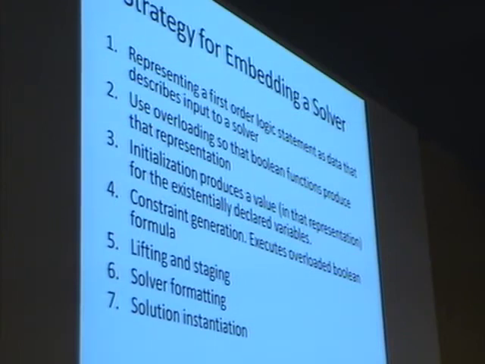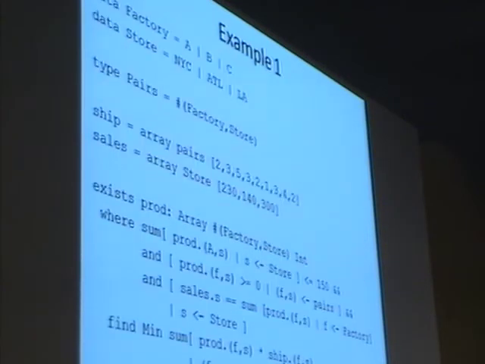So I've now embedded 4 different solvers, and they all have these steps. I only have time in today's talk to show you one example of this. So we're going back to the factory thing here.